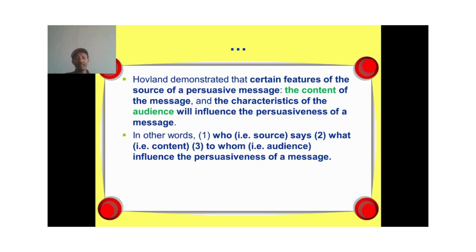So the model describes in detail who the source, what the content, and whom the audience, the target audience, influences persuasiveness of a message. So the persuasiveness of a message is not only determined by who says, but who says what and to whom.